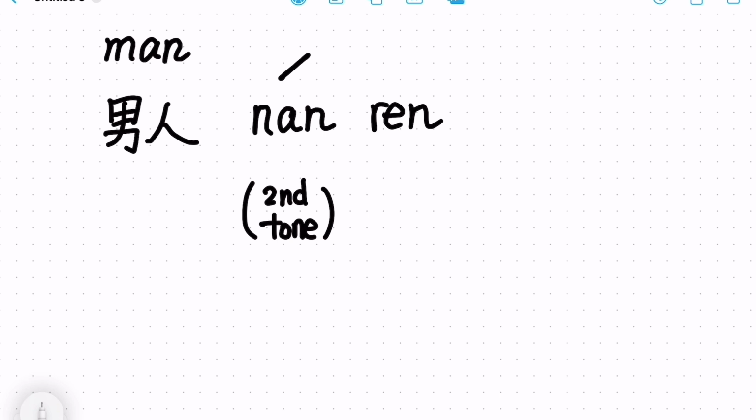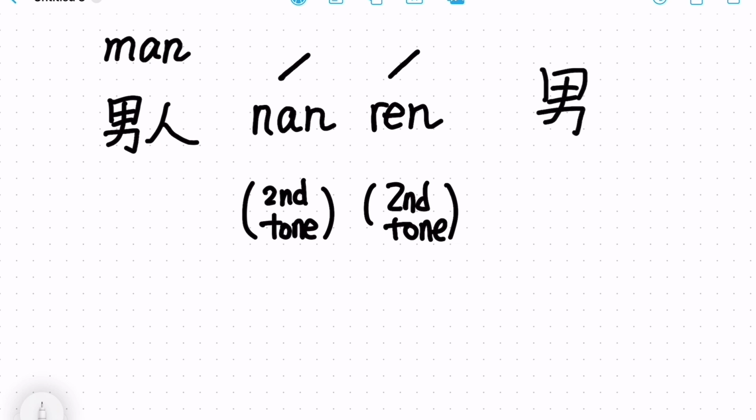And the tone of ren is also the second tone. Nan ren. It means man.